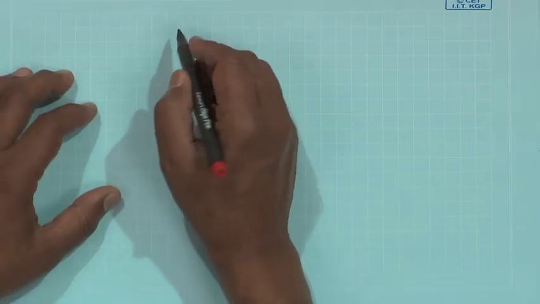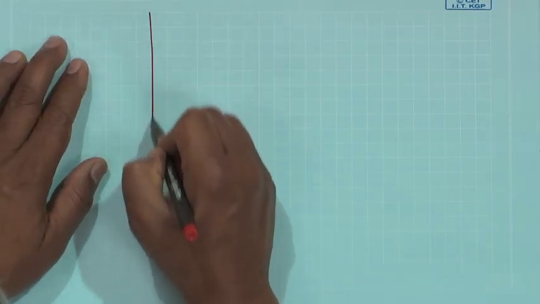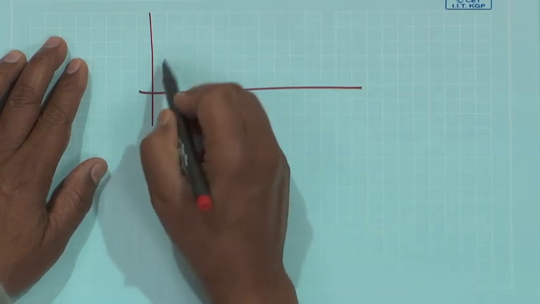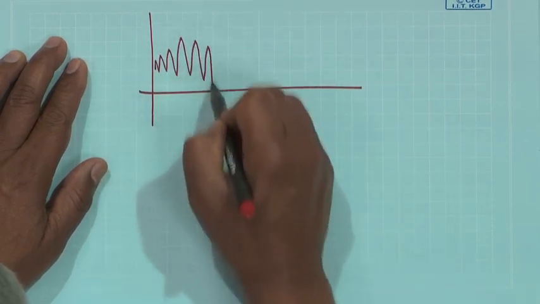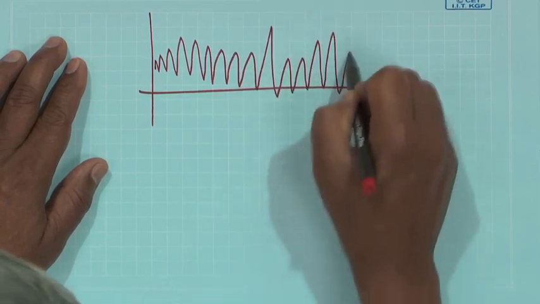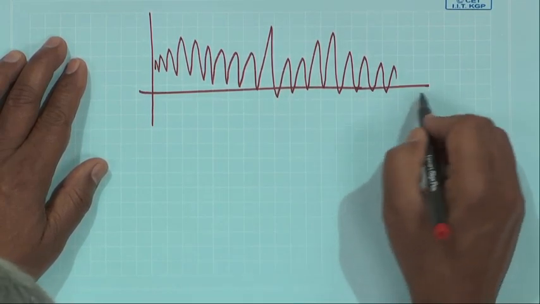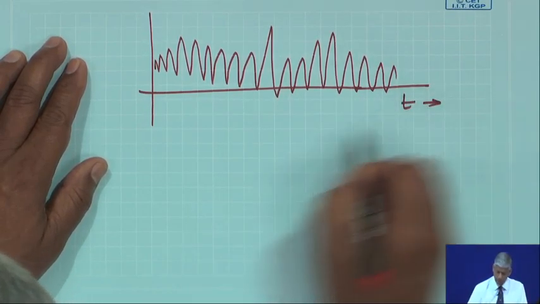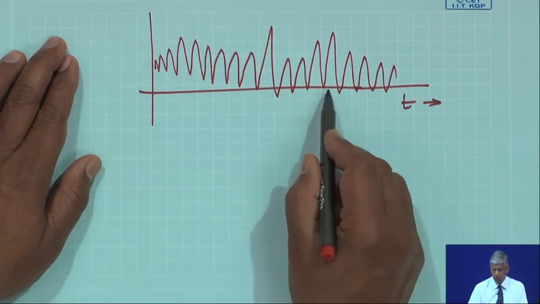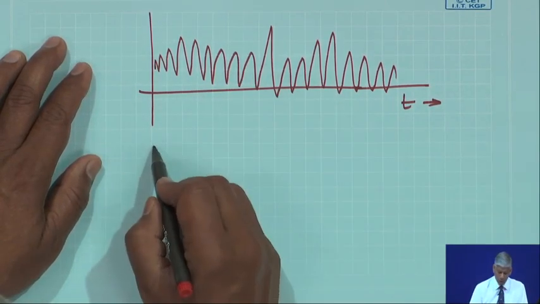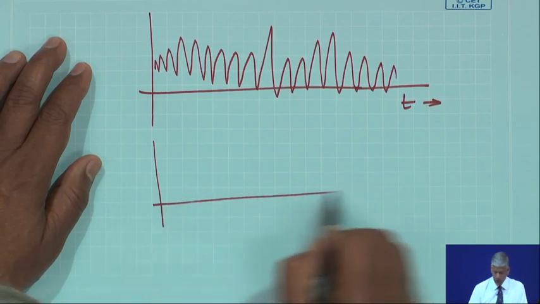Now, I will give you a qualitative feel of what filtering does. For example, this is a signal. The same signal will have some high frequency and low frequency components.